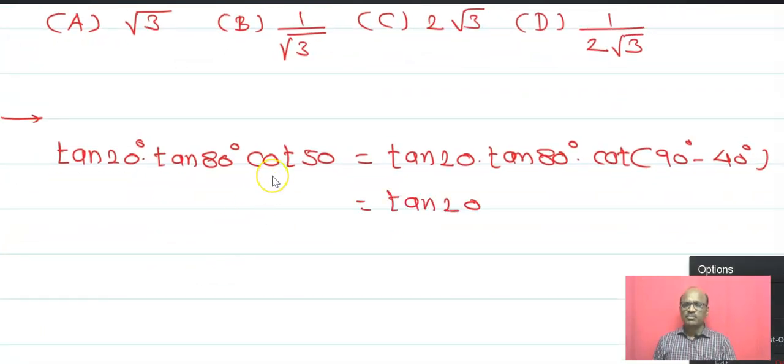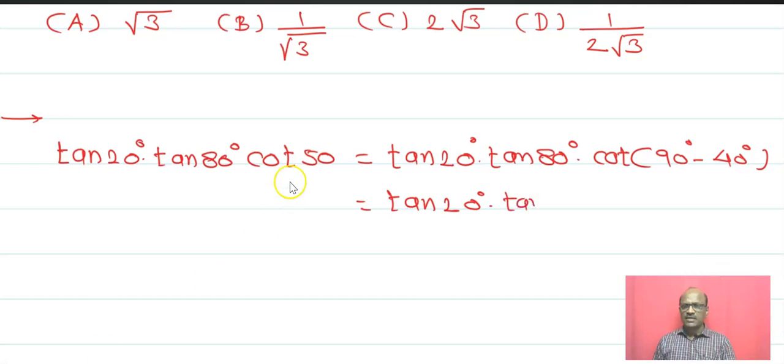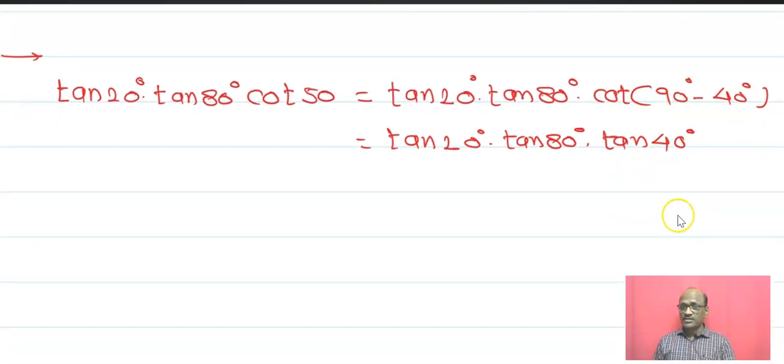Now here we have the formula: cot of π by 2 − θ is nothing but tan θ, so cot 50 is nothing but the tan of 40. Tan 20 as it is, tan 80 as it is.